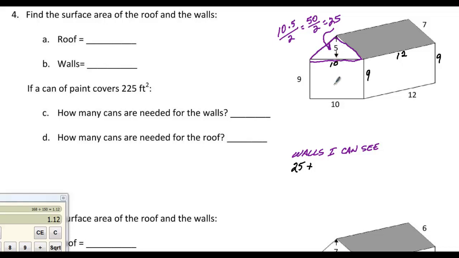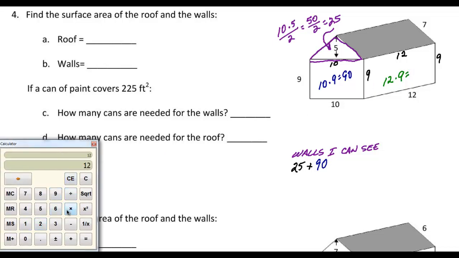You saw it one way already, so I'm going to show you just a little different way. Then we've got a rectangle that is 9 by 10. So length times width, there's a 90. And then I have one more over here that's 12 times 9.